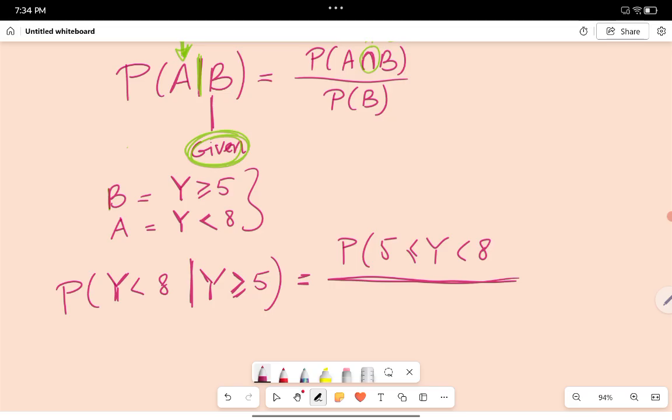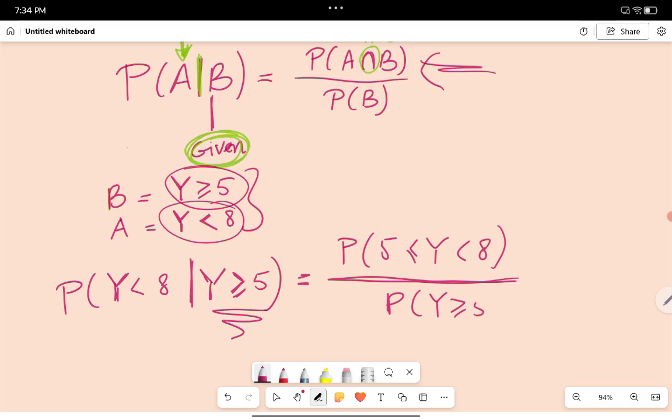Do we agree? So this means both together. This is A and B. That's this probability, and we're going to divide by the condition, by Y being bigger or equal to 5.